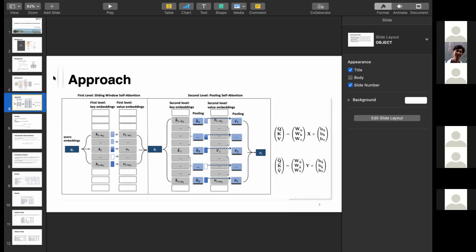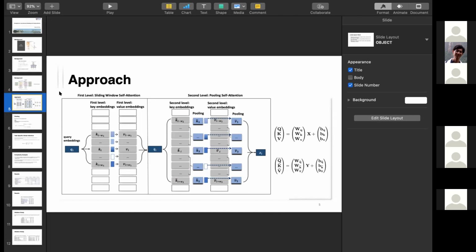So the maximum length of the input sentence is 512 tokens. But in real life, we may have many long documents. For example, our scientific papers are very long. Certainly the length is larger than 500 tokens.